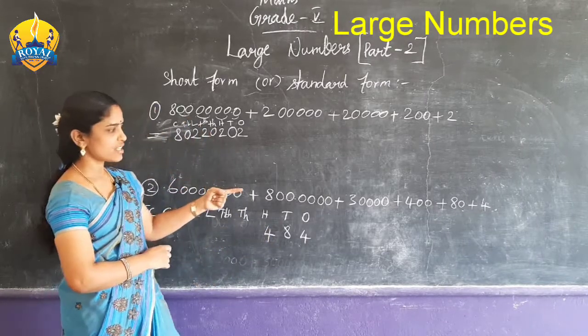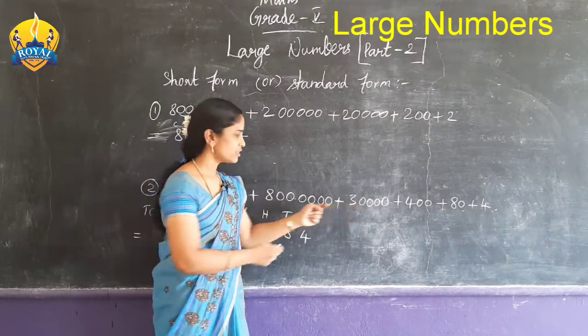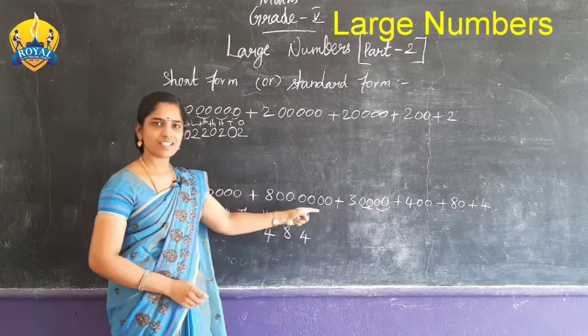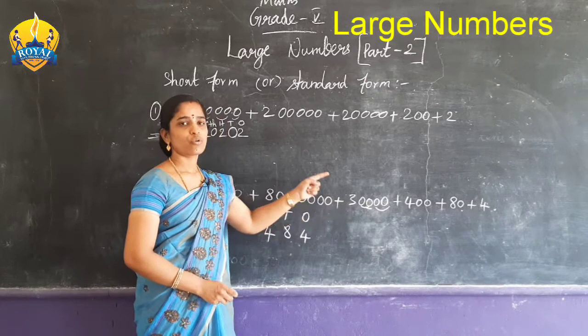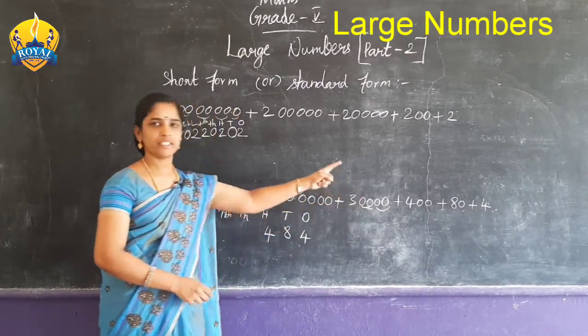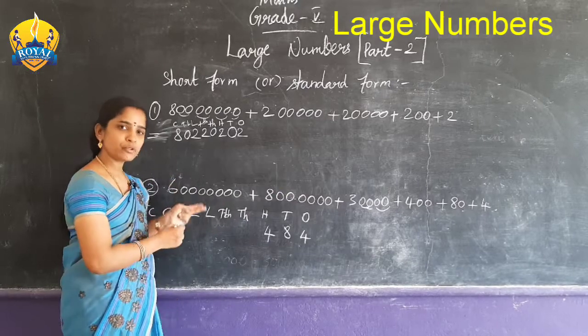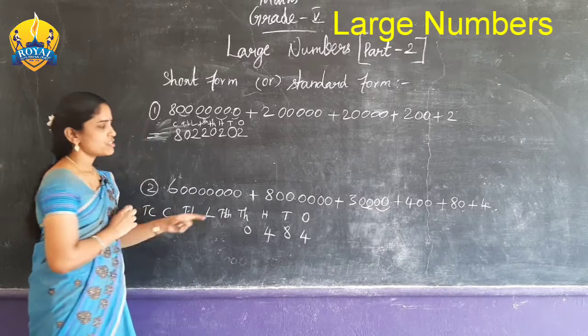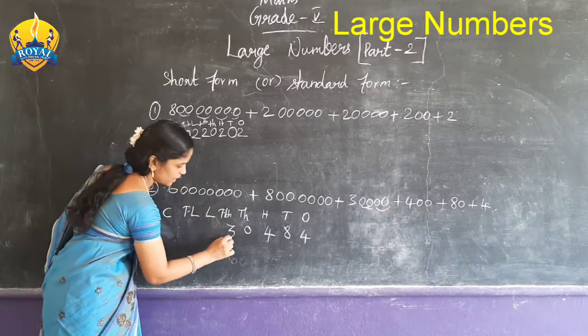The next place is thousands. Here 4 zeros, so this number is the 10,000 number, 30,000. So there is no number in the thousands place, so we put 0. The 10,000 place is 3.